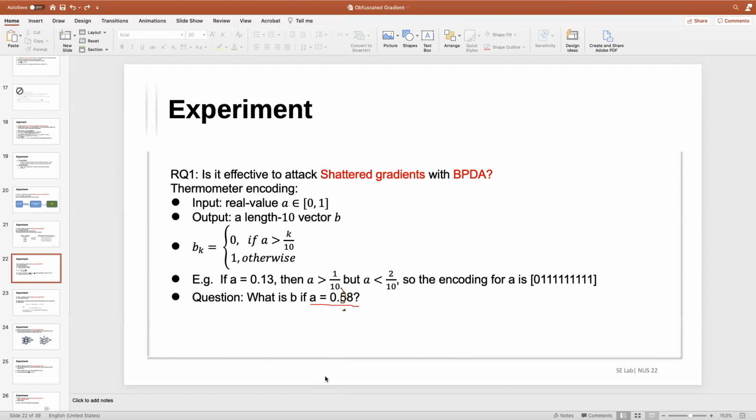Because in this way, you have 10 possible values for B, and if your value falls in 0 to 0.1, or 0.1 to 0.2, then this would be 10 zeros, and this would be 0 times 9 plus 1.